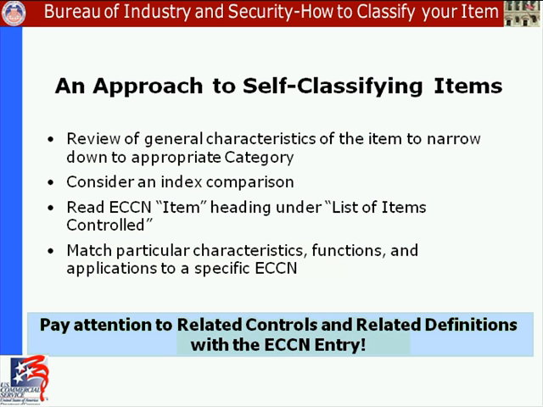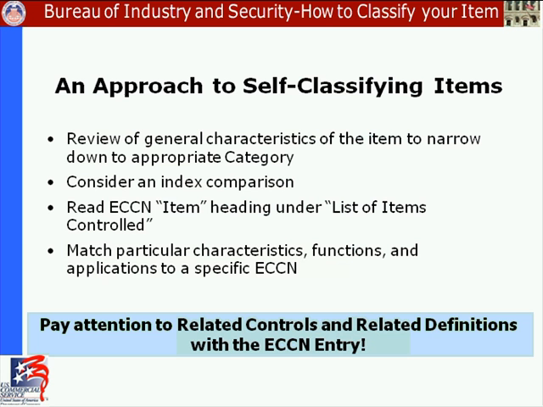You don't check Category 1, materials. Right? Or if you know your product application is for electronics or for semiconductor equipment, you will check Category 3, electronics. If you know your product's application is for telecommunications, you go to check Category 5, right? So know the application of your product.